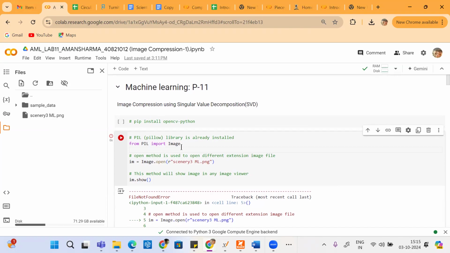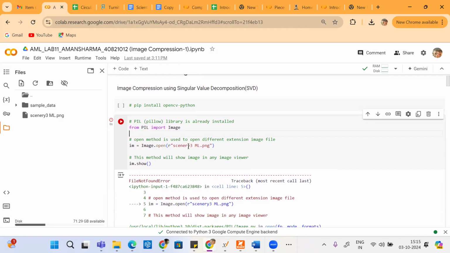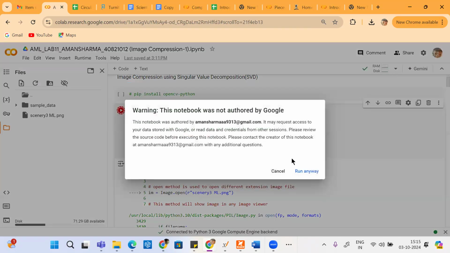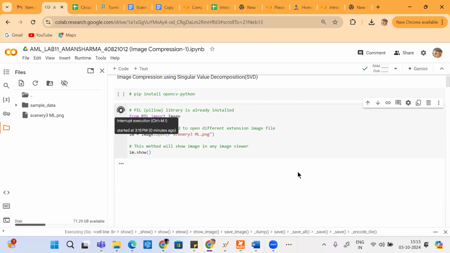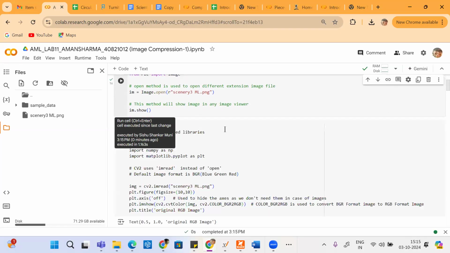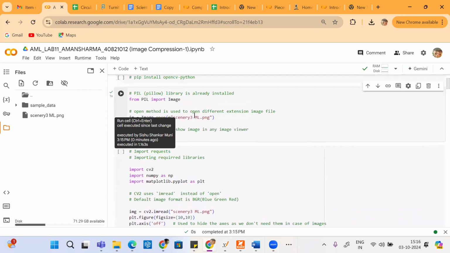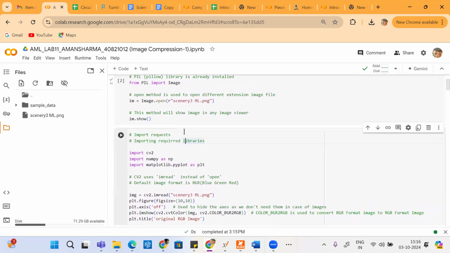Initially we are making use of the PIL library, extracting the Image module, and using the open method to open the image. This method is not usually used to open images, so I will use another method.